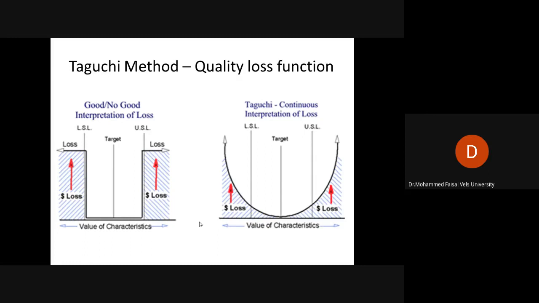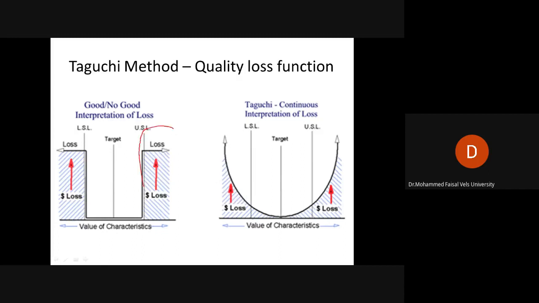The target is the mean, and sigma is nothing but the standard deviation. But what happens here is, if you look, there is a huge loss. This is the interpretation: when I talk about the quality loss function, the traditional method neglects the huge losses.